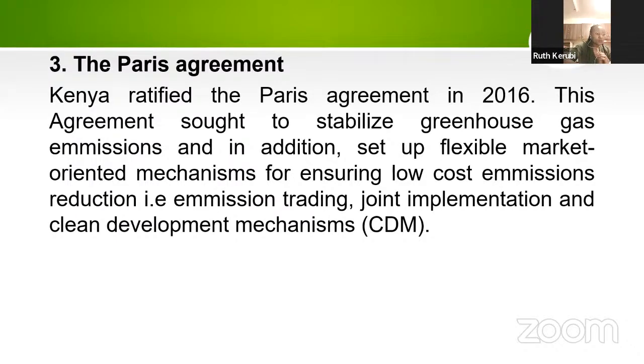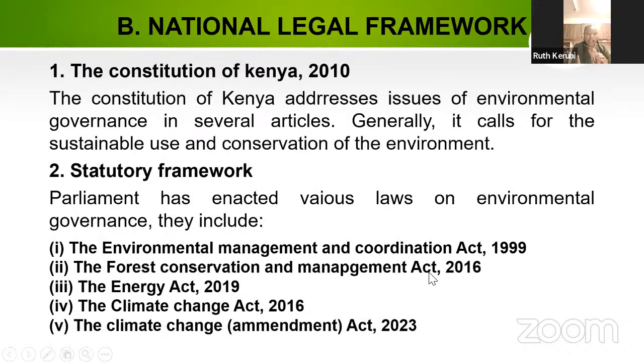We will now move to the national legislation. The highest law of the land is the Constitution of Kenya 2010, which addresses issues of environmental governance in various articles, but generally it calls for the sustainable use and conservation of the environment.